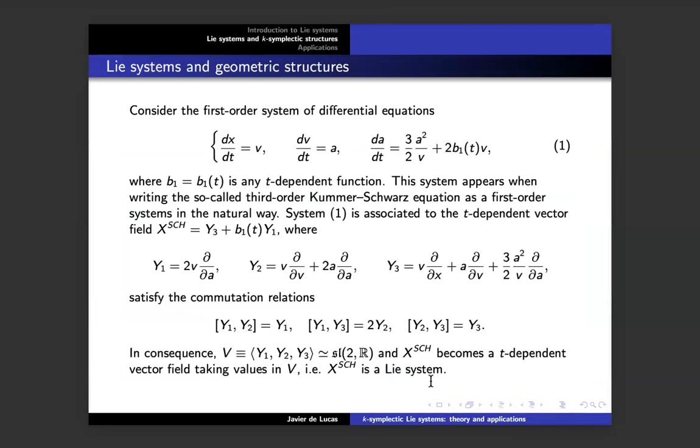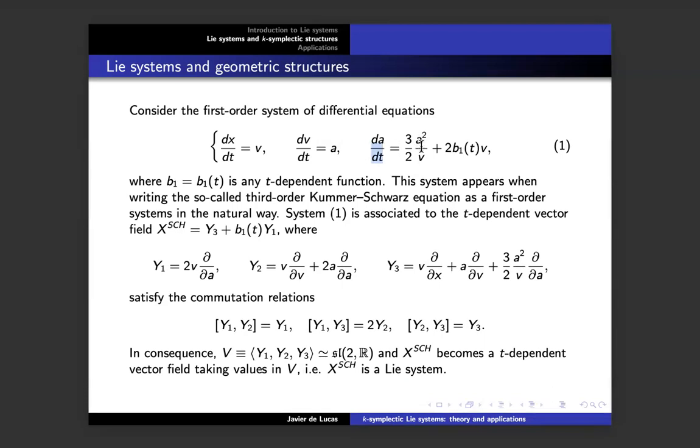So I will show you now one example that is important to many of us because you have been studying similar things. This is called the Kummer-Schwarz equation, or the Schwarz equation. This is equation number one. If you consider that A is the differential of B, and B is the differential of X, what you have is indeed a third-order differential equation.